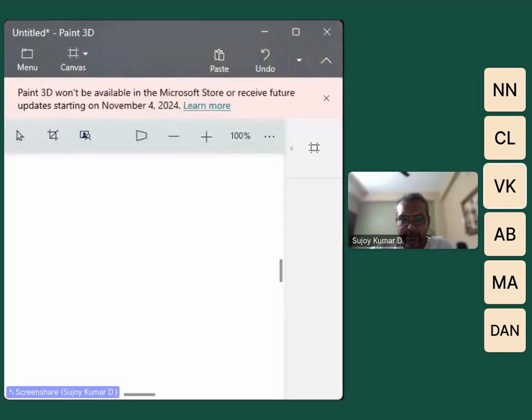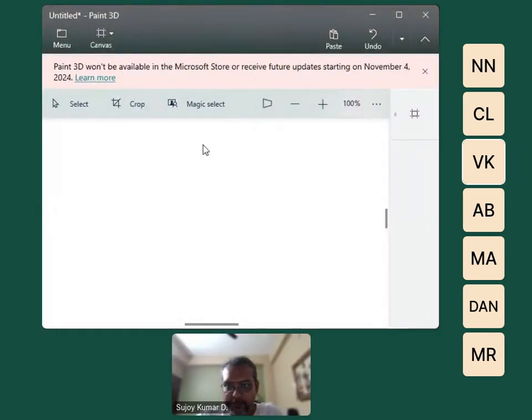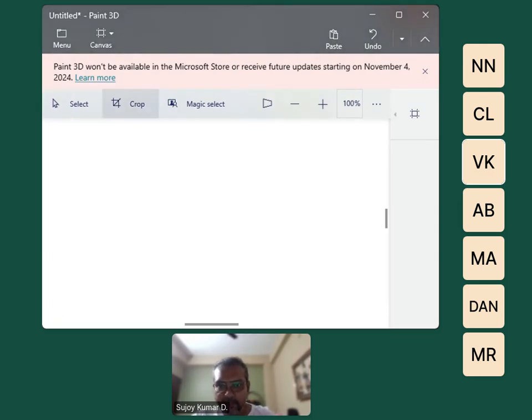So let me just open a different tab. Can you still see this one? I've just opened the paint file. All right. So now if you look at the data, the question is saying, iron and copper in the ratio 5:7, right?